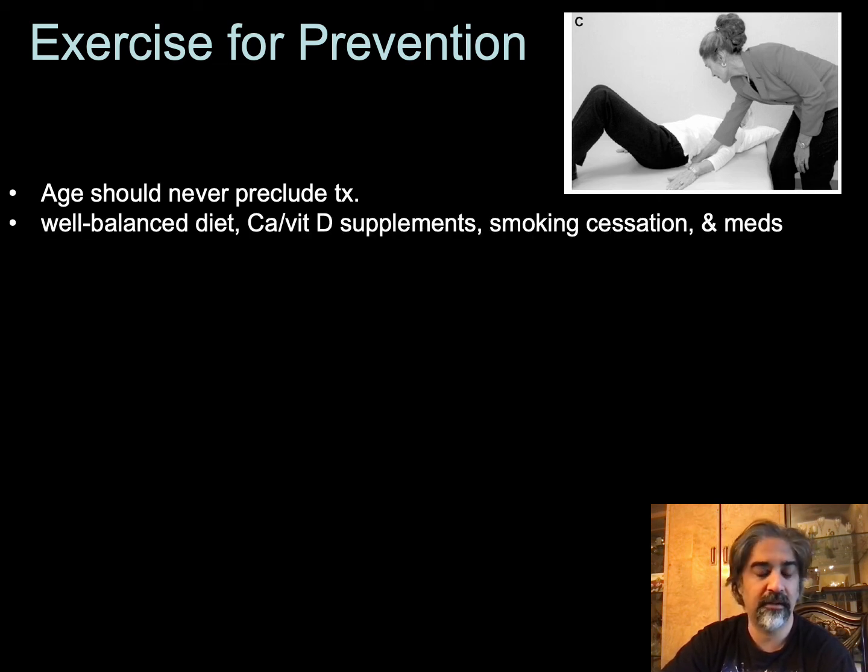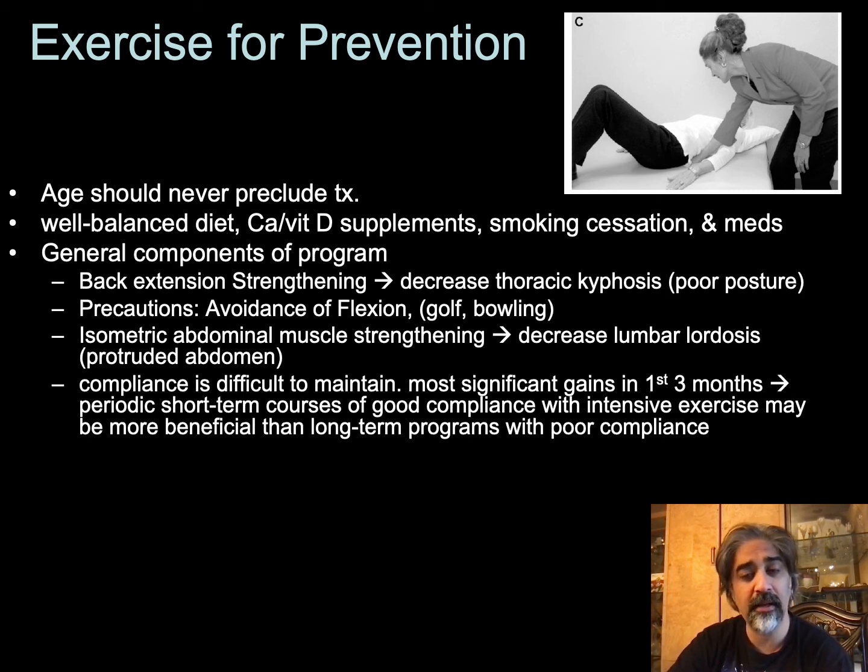So obviously address their diet and supplementation, smoking cessation, medications. This can be something you make sure someone else does, or you can do this on your own. And then the general components initially of a program for prevention would be back extension strengthening, which decreases thoracic kyphosis and addresses the posture.